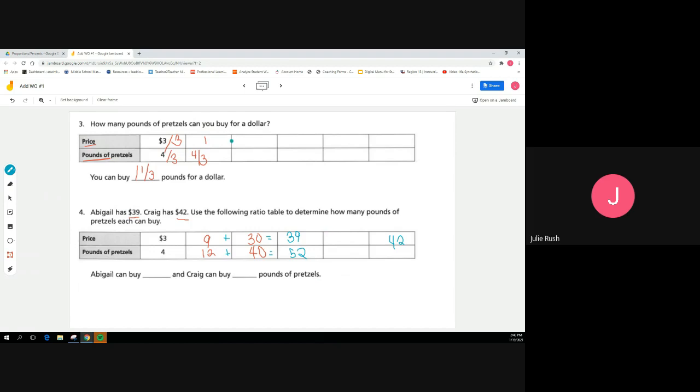And so I know that one is 4/3. And so that means two, right? $2 would be 8/3.